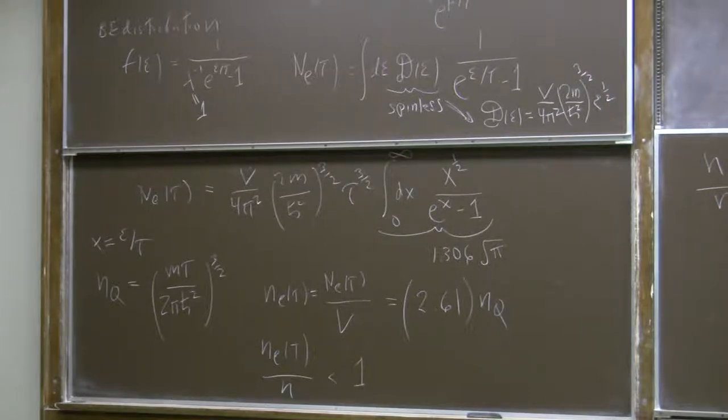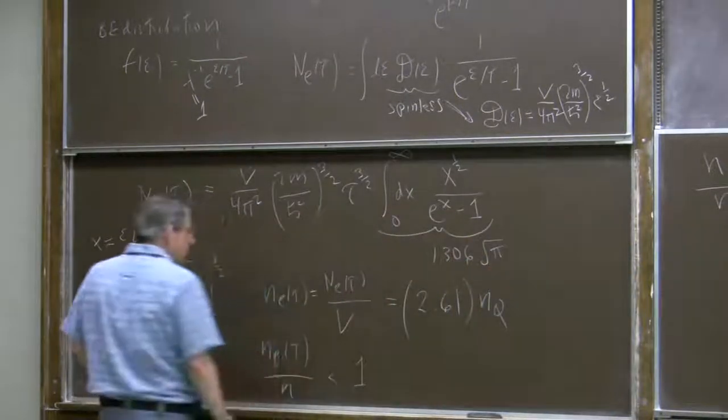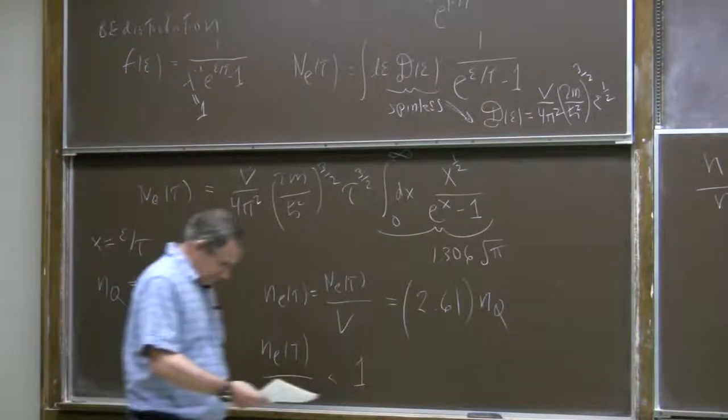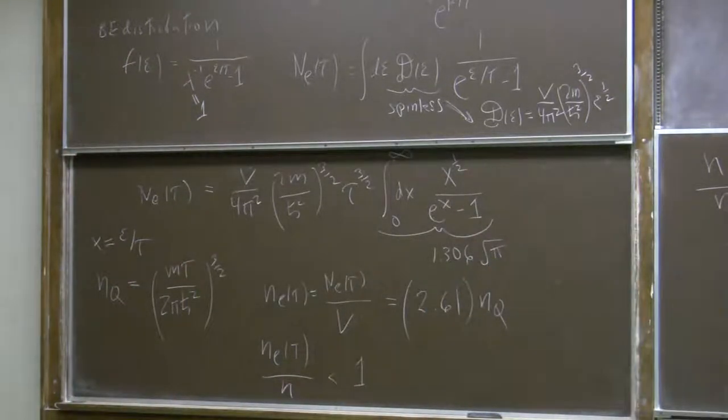And 1 over tau Einstein to the 3/2 is just the coefficient in this expression when we divide it by the total concentration, tau to the 3/2, and can therefore be written as 2 pi h bar squared divided by m, concentration divided by that number 2.61 to the 2/3 power.